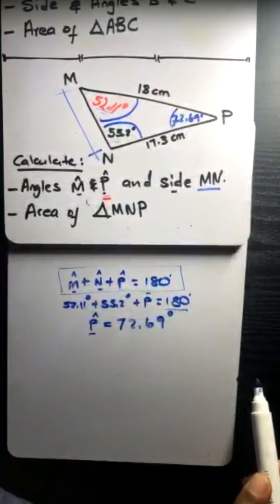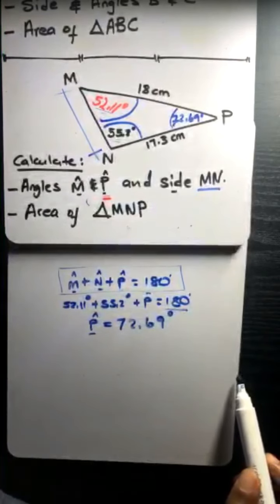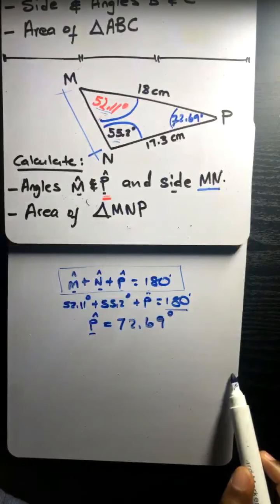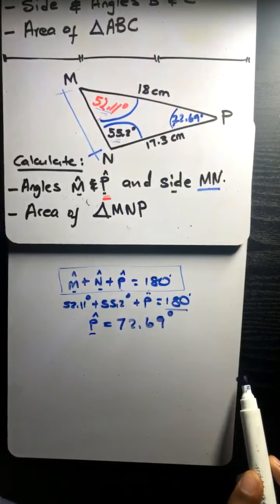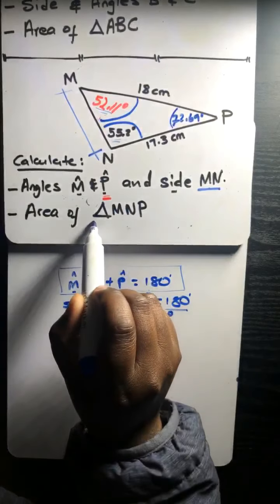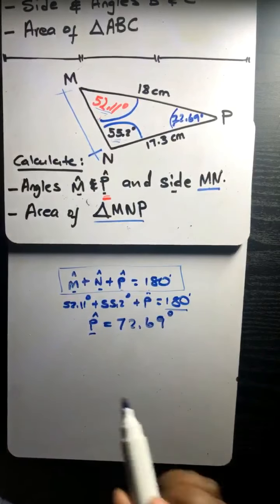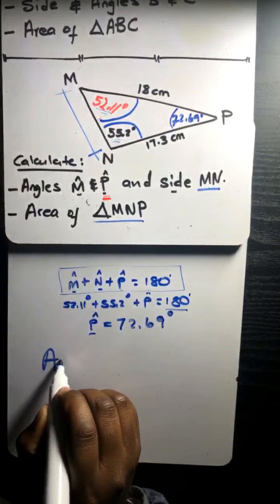We can also use the sine rule, sir. I'm in agreement with that one. And also, is there someone who can explain which values we can use to calculate the area of that triangle?